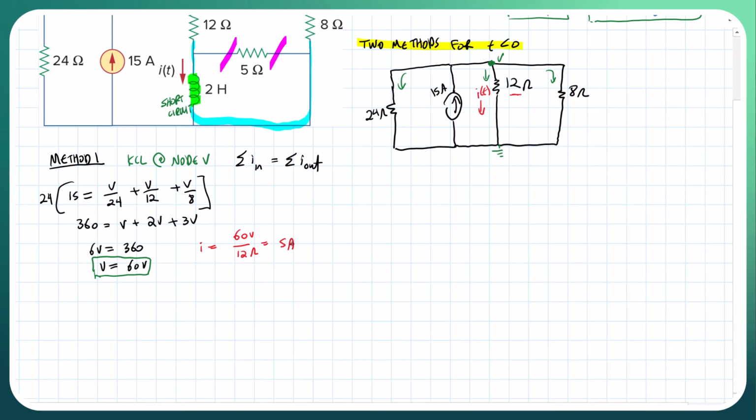Now, just like with capacitors, inductors cannot change instantaneously, so for t less than 0, you've got 5 amps, so at t equals 0, you're also going to have 5 amps.